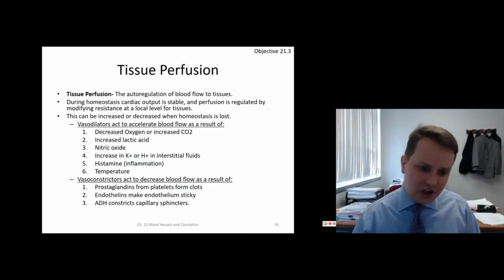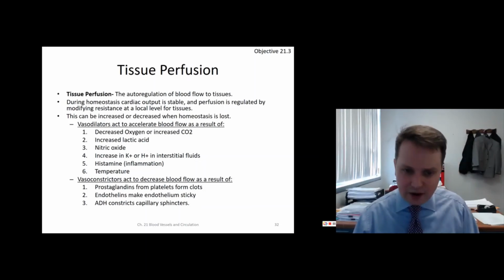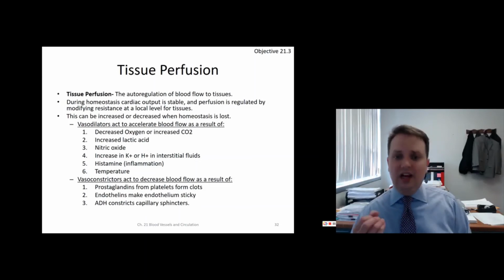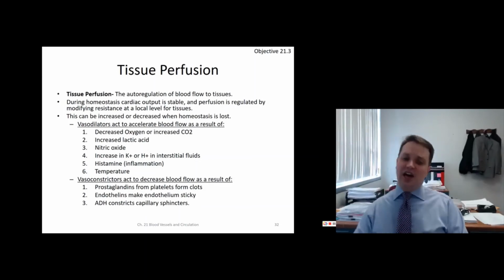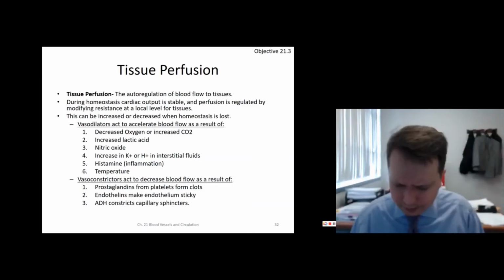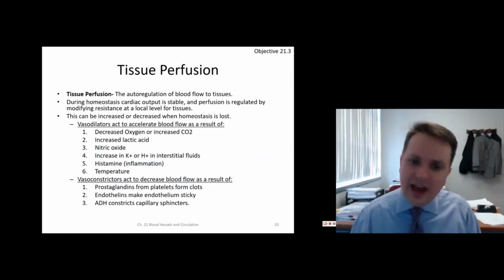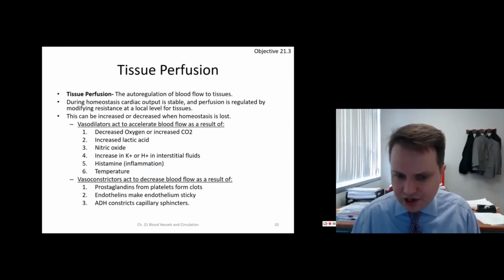There is also too much potassium or hydrogen ions, and that can cause some issues because potassium can go up, and it can cause excess repolarization of muscle cells. Histamine and even increased temperatures can do that too.